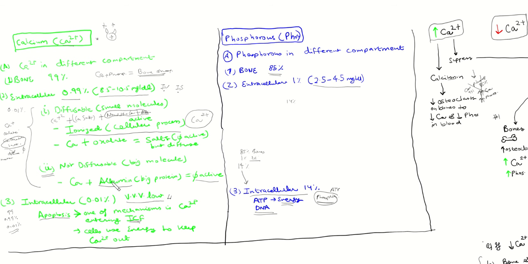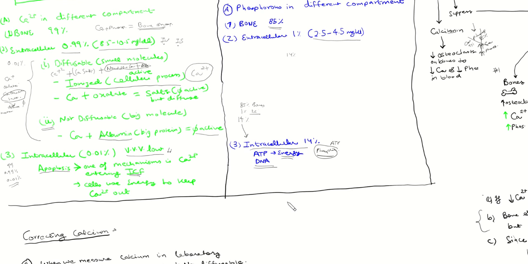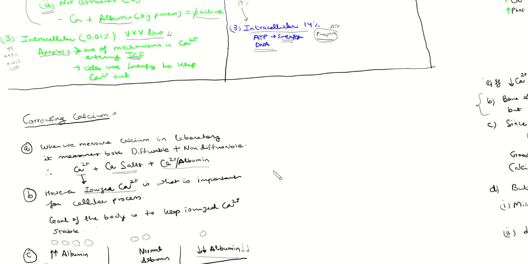And then with intracellular calcium, it's very, very low because that equals cell death when you have a lot of intracellular calcium. Intracellular phosphorus, you have quite a bit. Okay, and that's 14% of intracellular calcium.